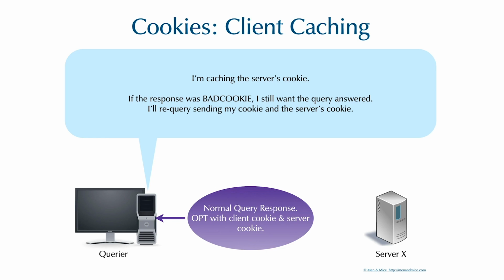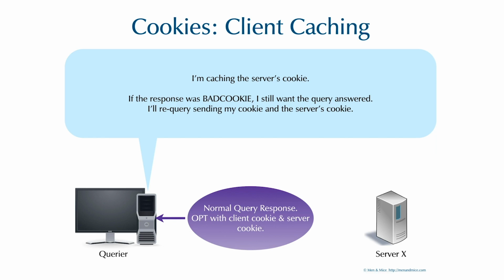I'm sending you a BADCOOKIE response. If that had happened, then the querier would have been disappointed. I didn't get a response, but he still got the server's cookie. And in that case, he would have simply requeried, again sending his client cookie, and again sending the server cookie. Because the server cookie was then present, the server would have responded. But that's still getting ahead of ourselves.